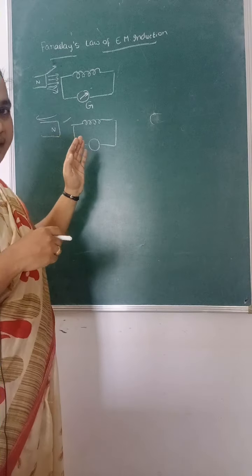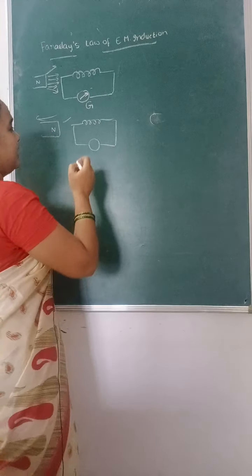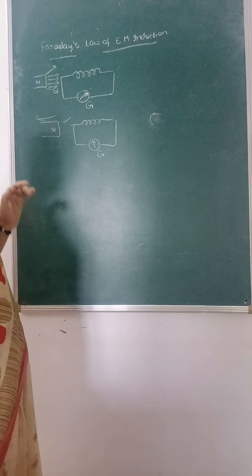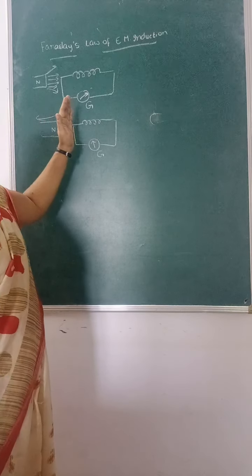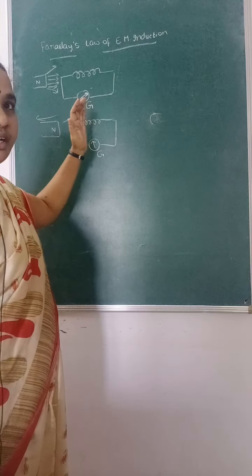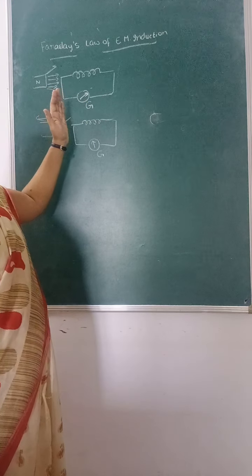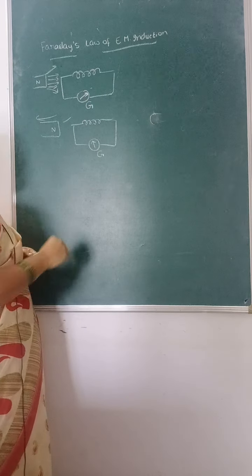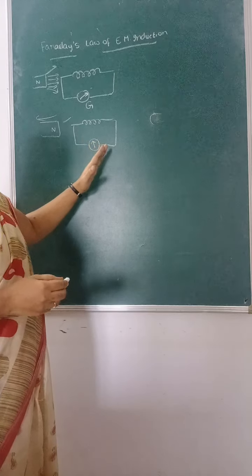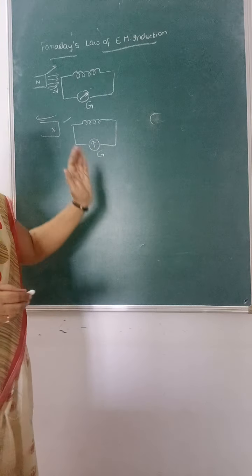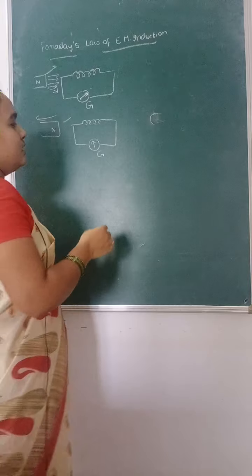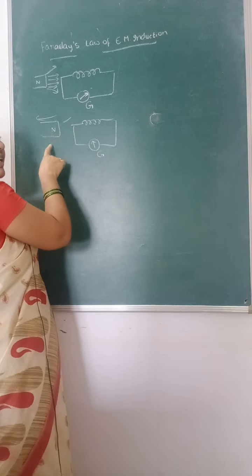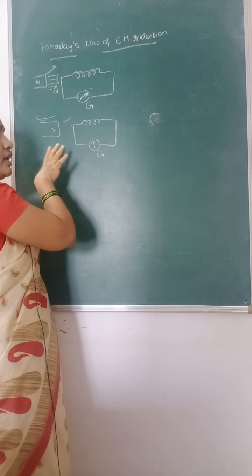Then the galvanometer shows a deflection in the opposite direction. Here the coil is fixed, whereas the magnet is moving towards and away from the coil.